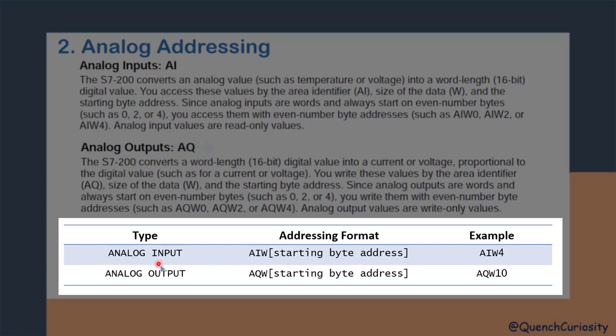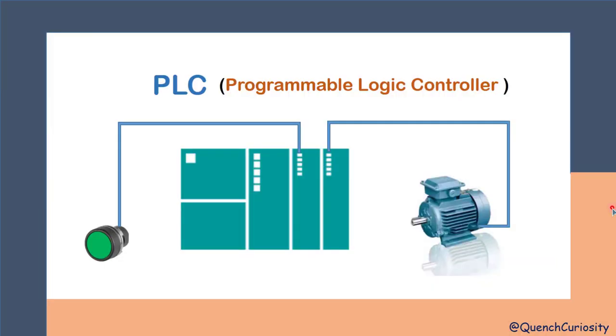That is, for analog input AIW and the starting byte address, for analog output AQW and the starting byte address. As we can see, the corresponding example for analog input is AIW4 and for analog output is AQW10.